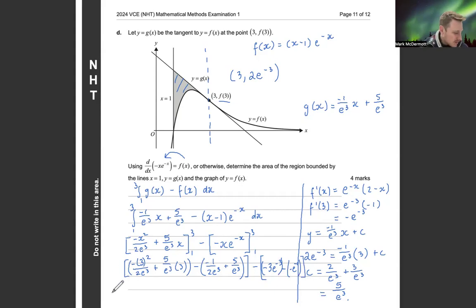Okay, then you've got to evaluate all this. So you're going to get the following. -9 on 2e cubed plus 15 on e cubed minus, -1 on 2e cubed plus 5 on e cubed.